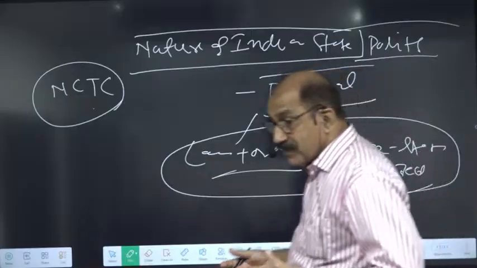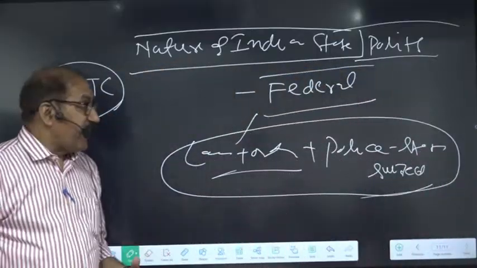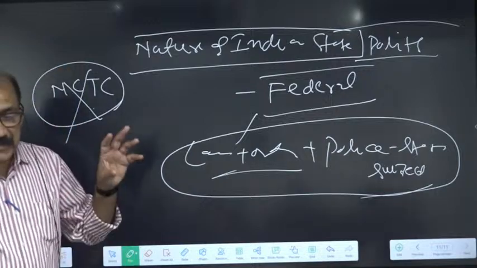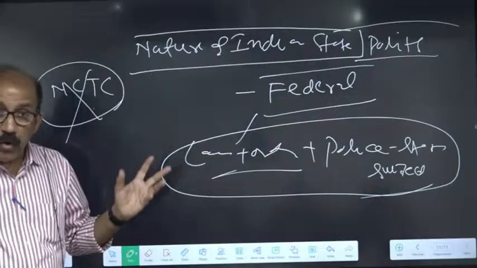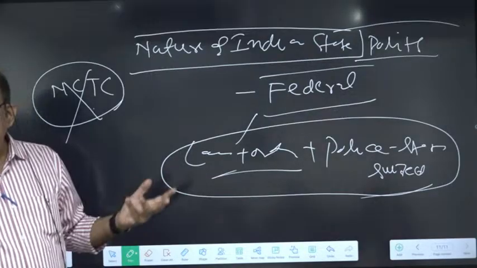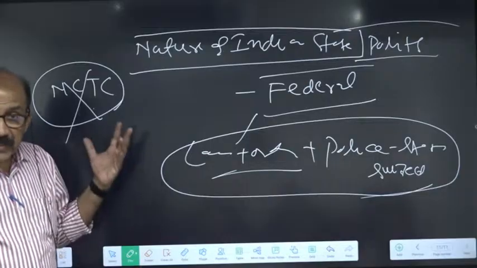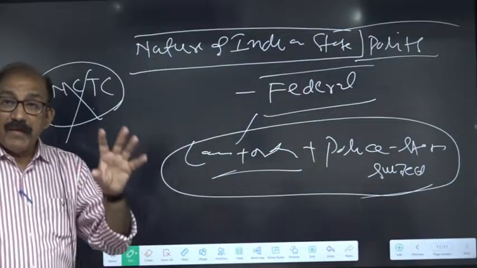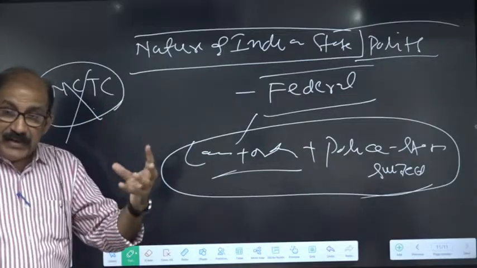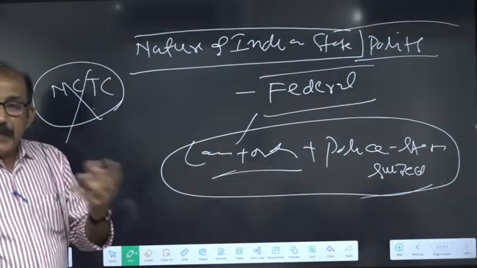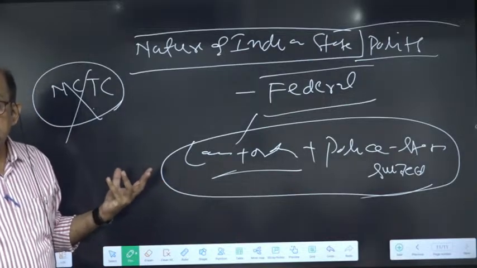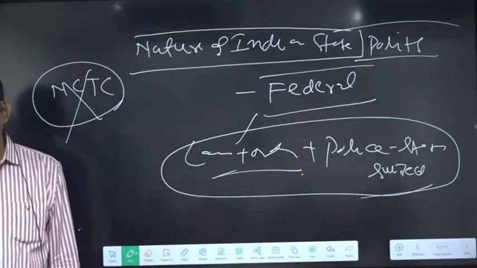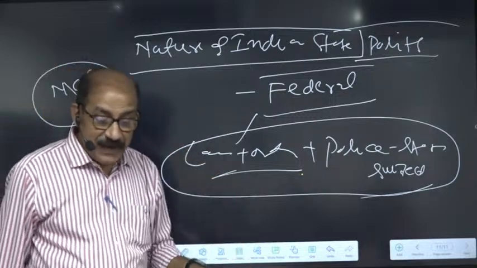Why? Because opposition-ruled states objected to it. They said no, it's not possible. So politics, because you have different party governments at the center and in the states. Such an important body, which could have gone a long way in creating a unified law to deal with terrorism, could not see the light of day only because of this structure that you have. So this is yet another challenge that we are facing.